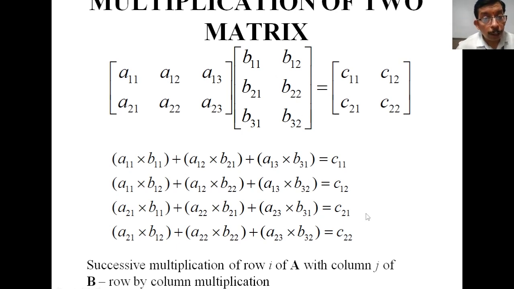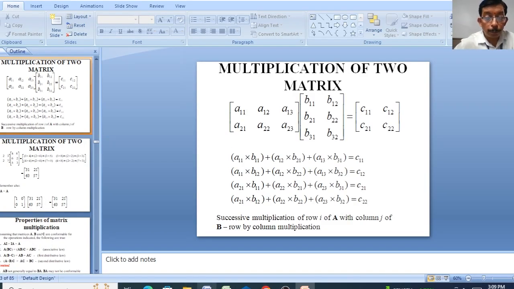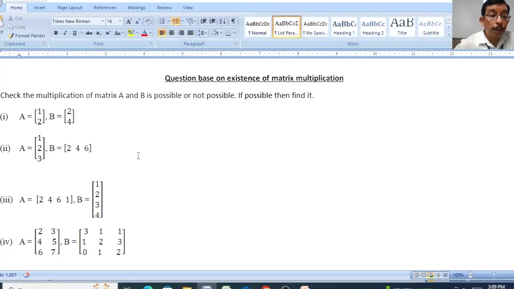Clear everyone? Now we come to solved examples. The first question is: check whether the multiplication of matrices A and B is possible or not, and if possible, find it.